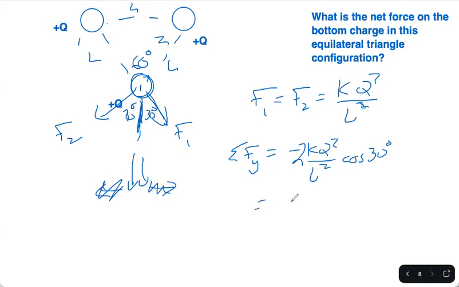Cosine of 30 is root 3 over 2. So the final answer would be root 3 KQ squared over L squared in the negative Y direction. So there you go with 2 examples to make sure you understand the concept of symmetry and finding forces in 2 dimensions.